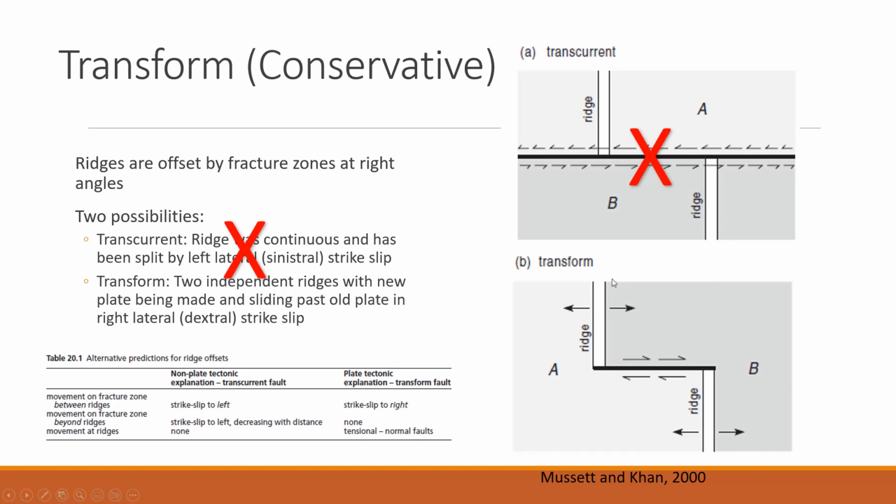Evidence supports that the ridges are independent and these faults connect the ridges. So we have one big plate on one side and another big plate on the other side. So again, this is a little bit more than I would expect you to know. I just like to talk about it to show that yes, these are a set of faults that work together.